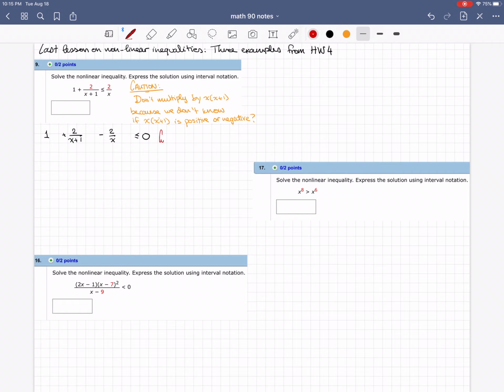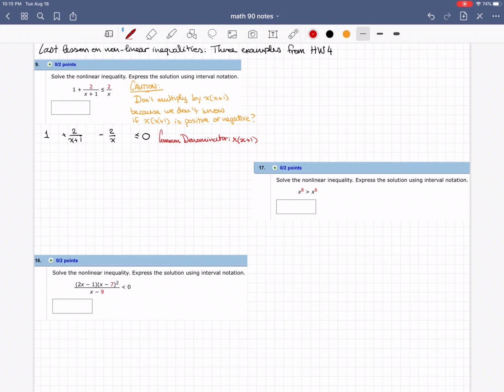And now we're going to put everything over the common denominator. The good news is that the 2 denominators in question here don't share any factors. They're what we call relatively prime. So the common denominator is just going to be x times x plus 1.